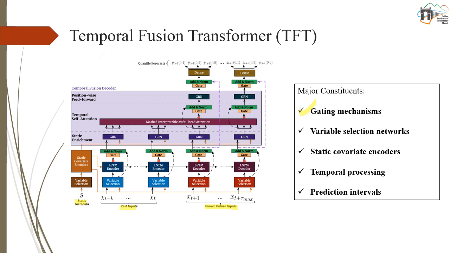Now, the next thing was the variable selection networks. What this variable selection does is it plays a crucial role in selecting the relevant input variables at each time step. By dynamically choosing the most informative features, TFT focuses its attention on the inputs that have the greatest impact on the target variable.